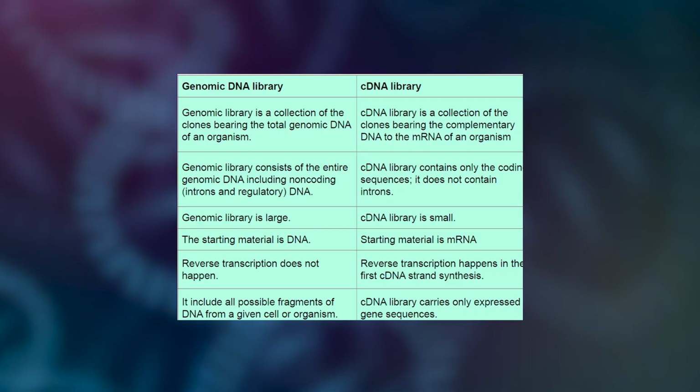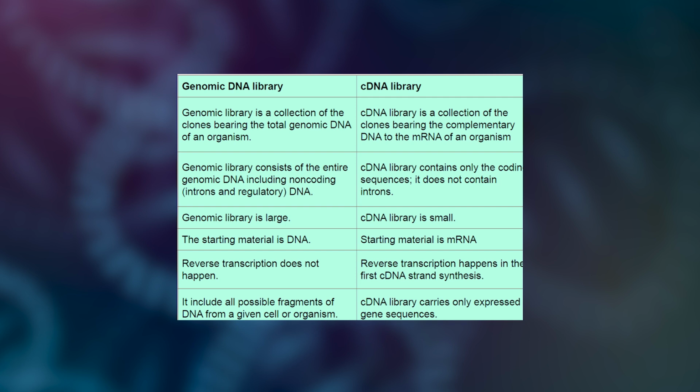Data analysis. After sequencing is done, the raw data generated by the NGS instrument are processed through bioinformatics pipelines to convert the signals into DNA sequences. The sequence reads are then mapped to a reference genome or assembled de novo to reconstruct the original genomic or transcriptomic sequences.